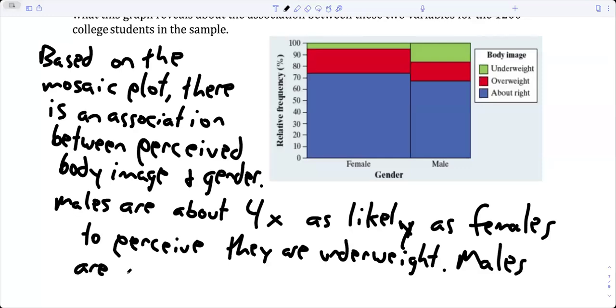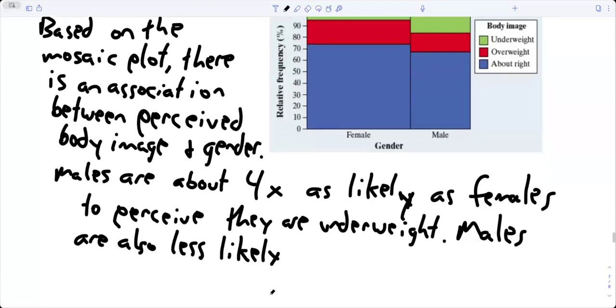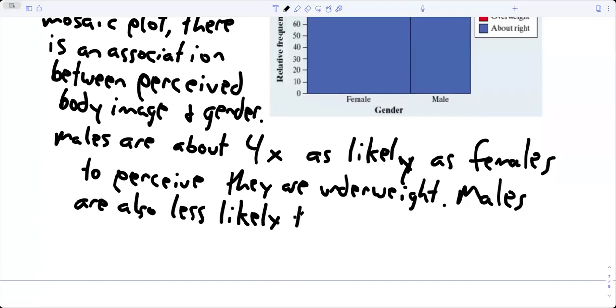Males are also less likely to perceive they are overweight.